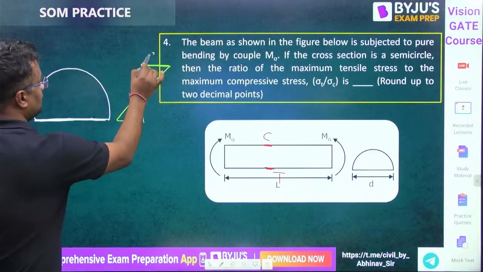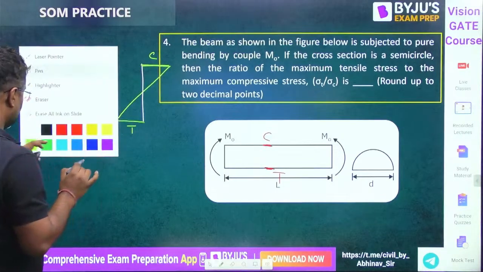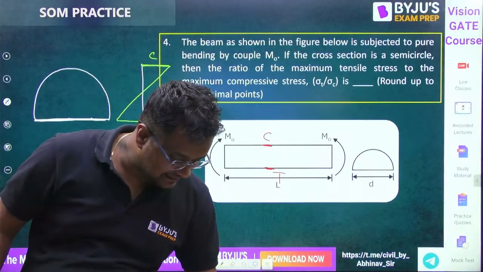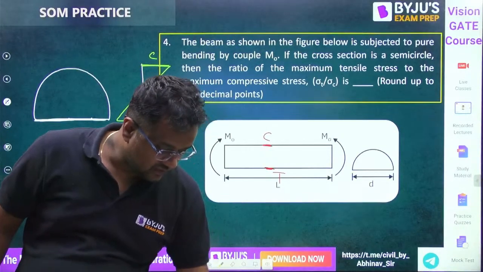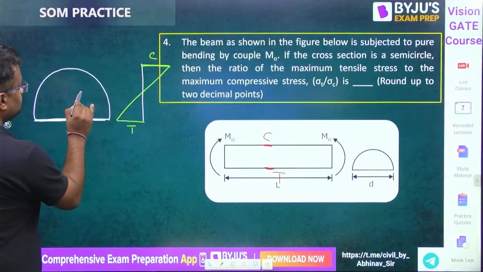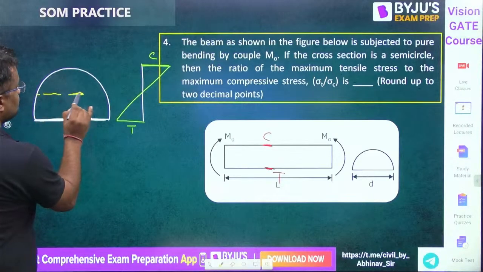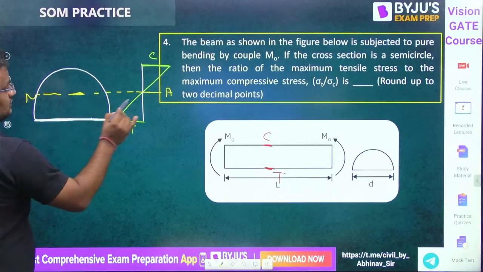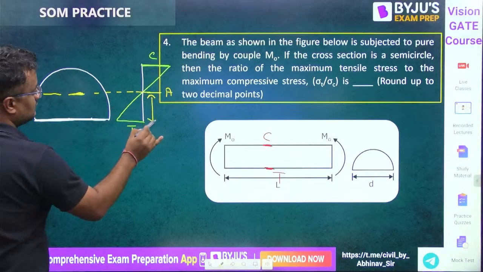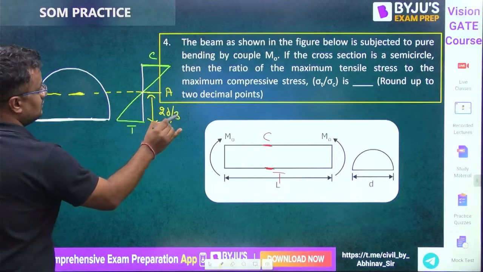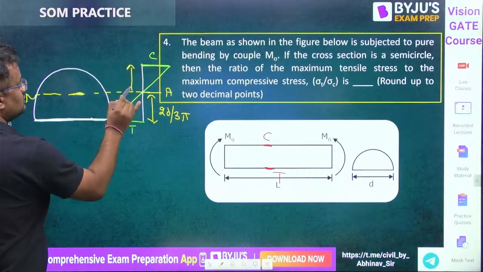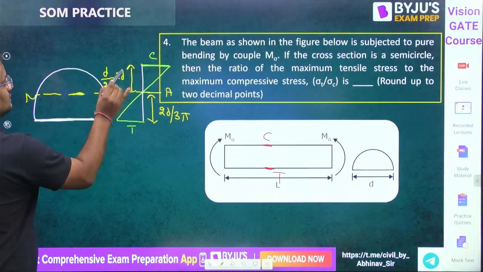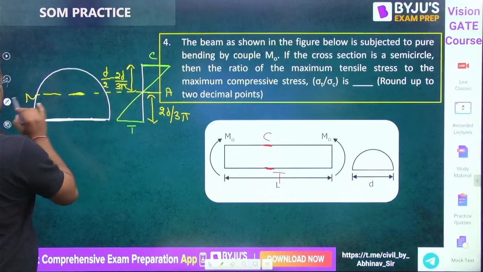Okay, compression at the top and tension at the bottom. Now the CG of this portion, if the diameter is D, is 2D by 3 pi from here. This is the neutral axis. Neutral axis is the centroidal axis, I told you yesterday. So this distance is 2D by 3 pi. Of course the total is D by 2, so the other distance is D by 2 minus 2D by 3 pi.